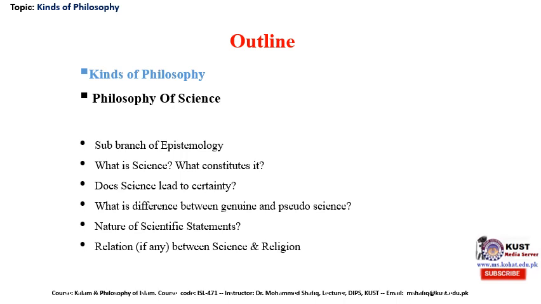Basically, philosophy of science is a sub-branch of epistemology, epistemology being the study of knowledge. It concentrates upon the epistemology of science, that is, how do we get knowledge of science, what are the sources we use while gaining knowledge in science.